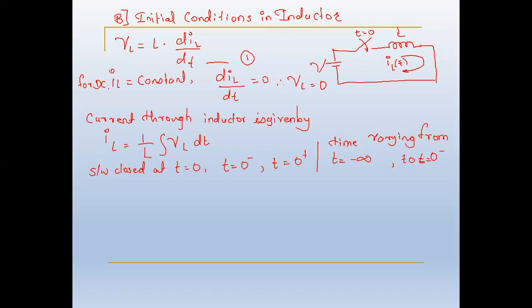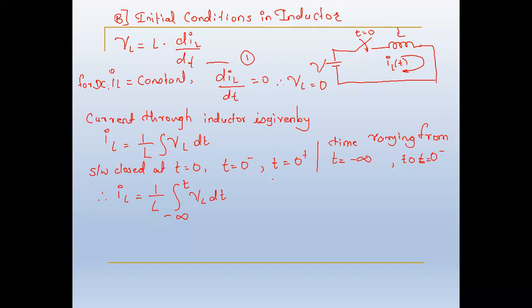The switch takes place at t is equal to 0, so let us operate the inductor up to time t. The limits of the integration will be t is equal to minus infinity to t, so IL is equal to 1 upon L integration of minus infinity to t VL dt.